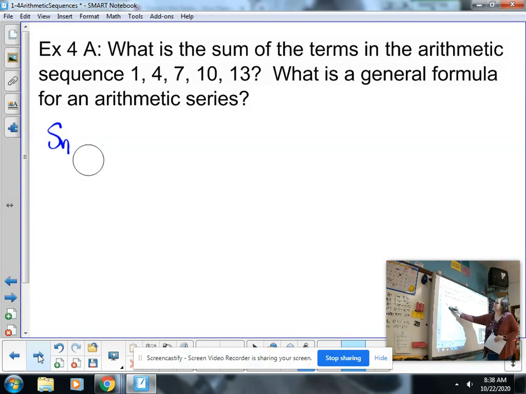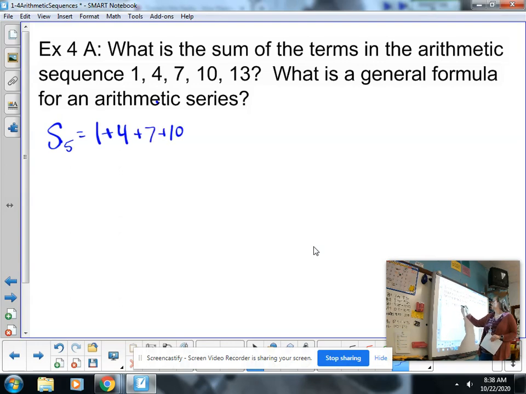Instead of writing S sub n, because we do use S for sum, I'm going to write S sub 5, because 1, 2, 3, 4, 5, there are 5 terms in the sequence. So that's 1 plus 4 plus 7 plus 10 plus 13. When you add those all together, you get 35. So S sub 5 is equal to 35.